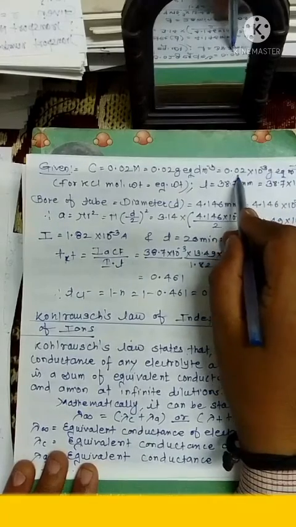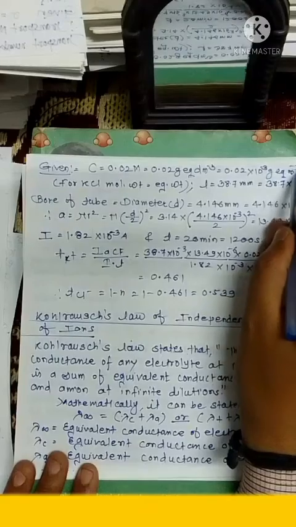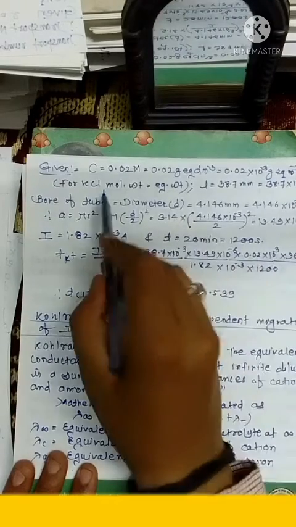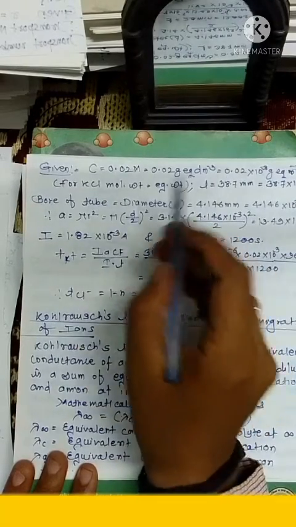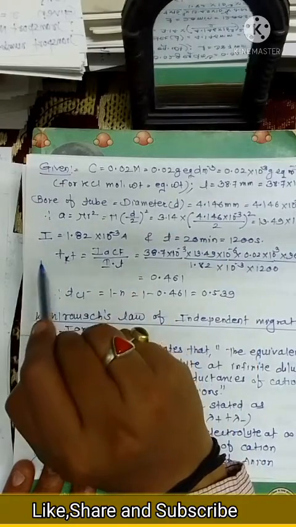So it is equal to 0.02 × 10^3 gram equivalent per meter cube. For KCl, the molecular weight is equal to the equivalent weight.